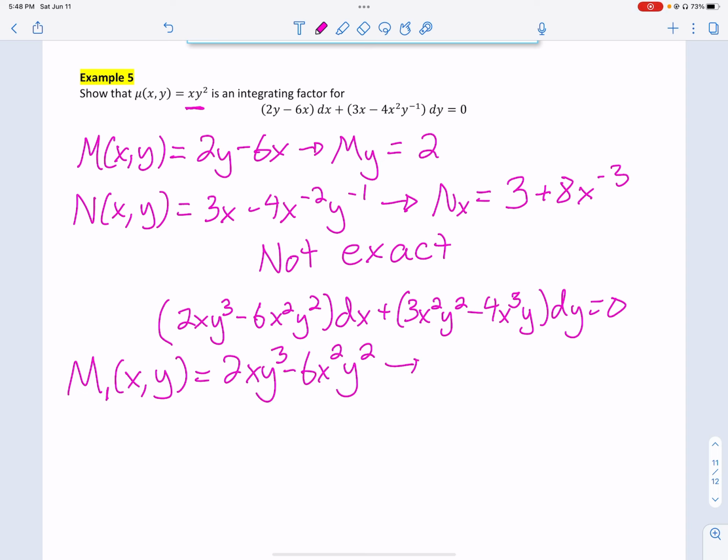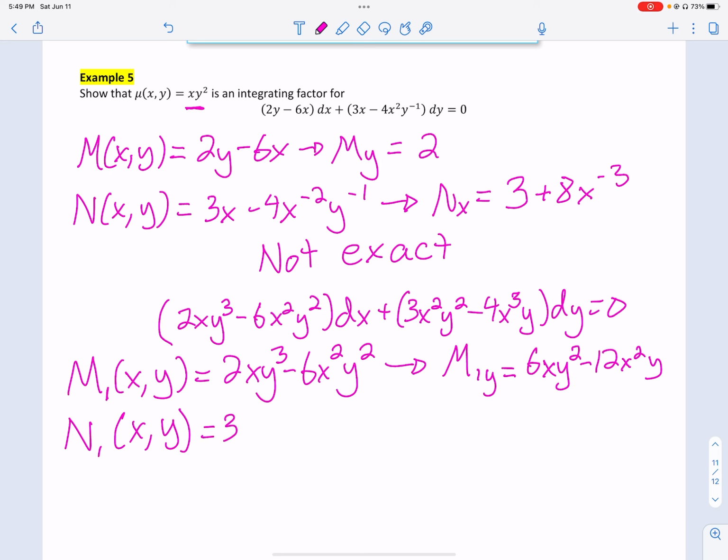Now, because of the integrating factor, if I take the partial of M1 with respect to y, we get 6xy^2 minus 12x^2 y. N1, the new function that we have, is 3x^2 y^2 minus 4x^3 y.